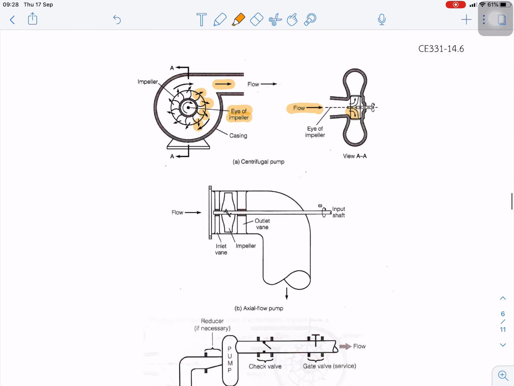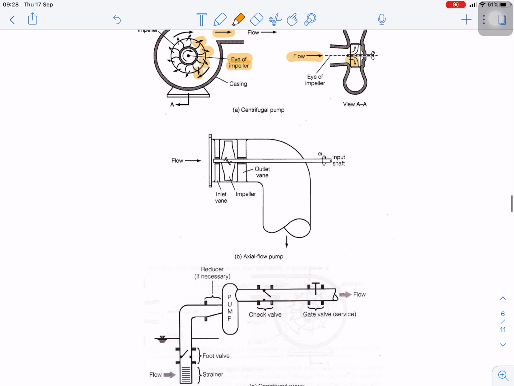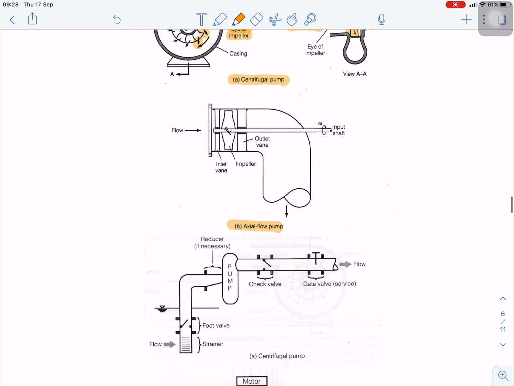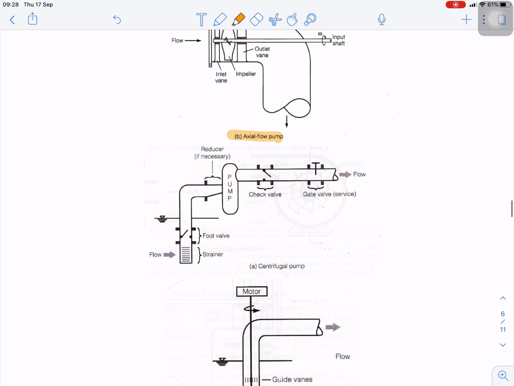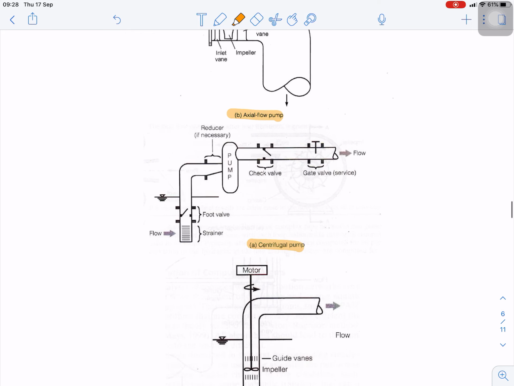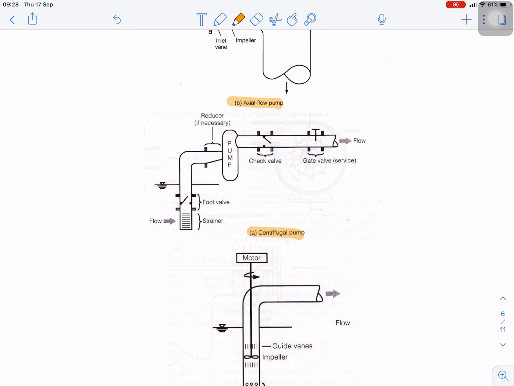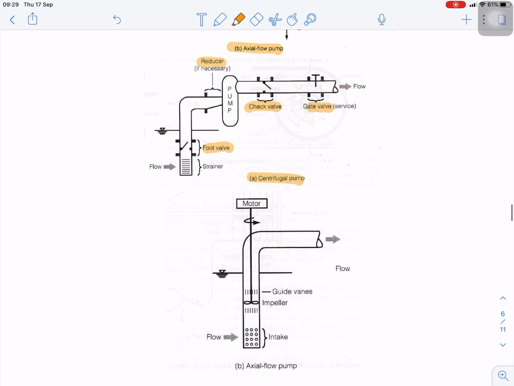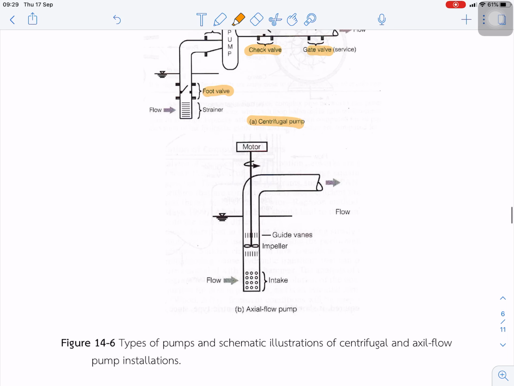And in the other figure, this is a centrifugal pump, and this is the axial flow pump. This shows the mechanism of the centrifugal pump. There are many components: foot valve, reducer, check valve, and gate valve. And this figure shows the axial flow pump.